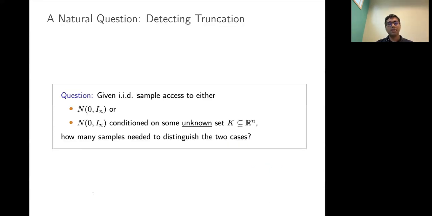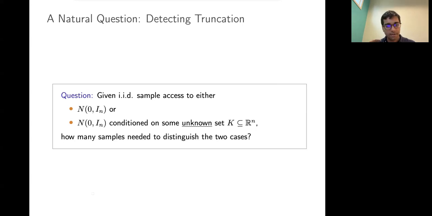Maybe the most natural question to ask, when you think about truncated statistics, is whether you can even detect truncation. You're given sample access to one of two possible distributions: either the standard Gaussian distribution in n dimensions, or the standard Gaussian distribution conditioned on some unknown set.